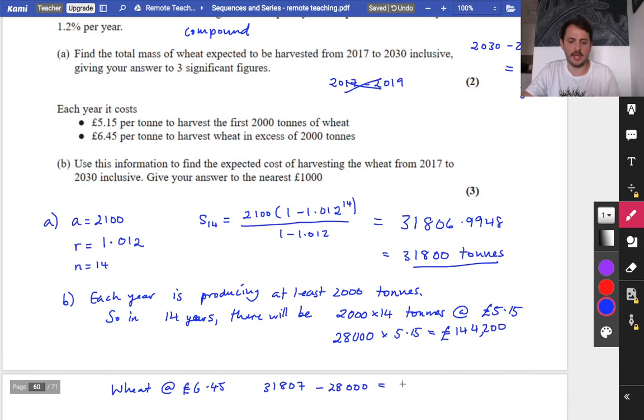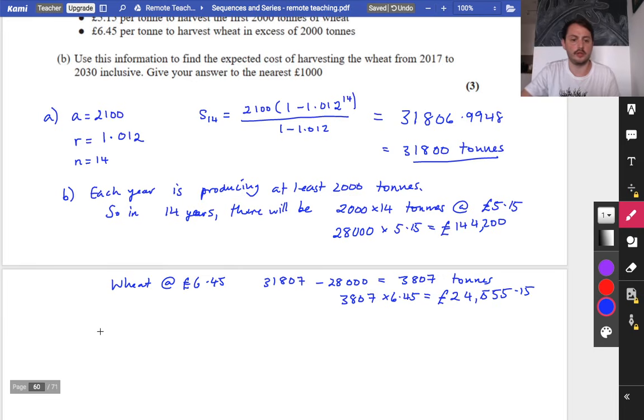That means that there is 3,807 tonnes at that price. So I'll do 3,807 and multiply it by £6.45 to find out what that is. So the cost of that is £24,555.15.